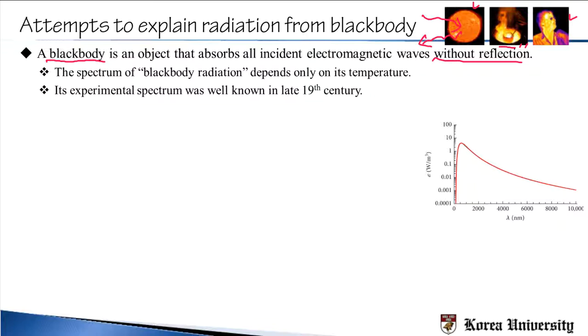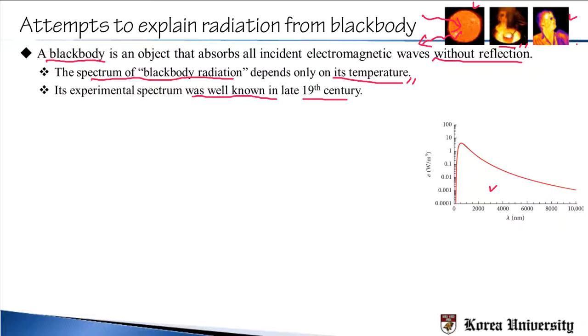Okay, the important thing you have to remember is that the spectrum of black body radiation depends only on its temperature. Depending on the temperature, you will see a different spectrum. Of course, you don't have to know the details. I'm just trying to give you some story. This experimental spectrum from a black body was already very well known in the 19th century, and it looked like this.